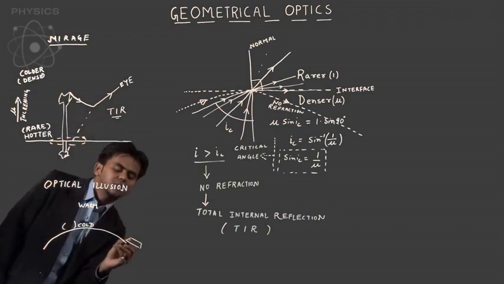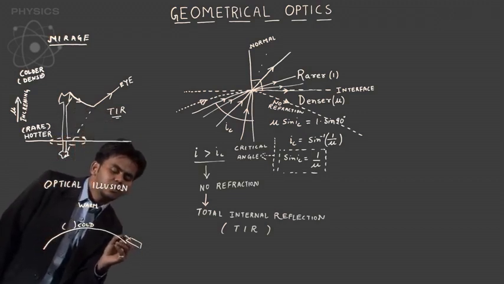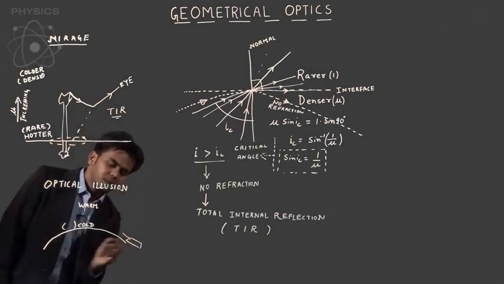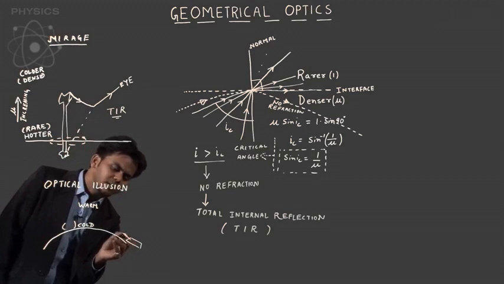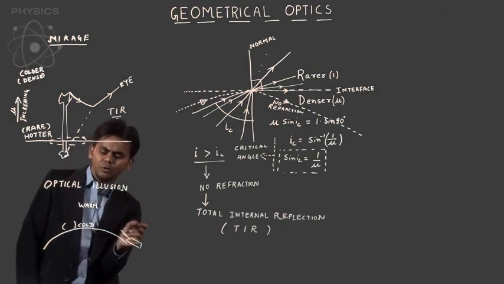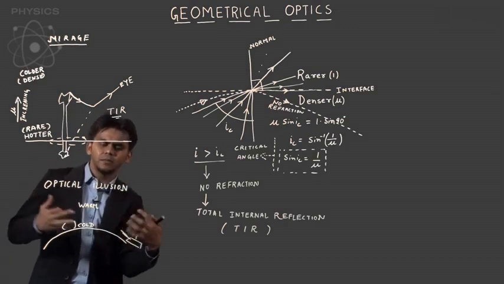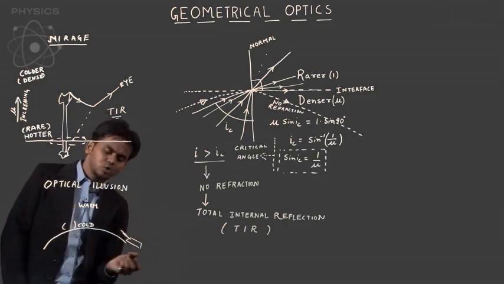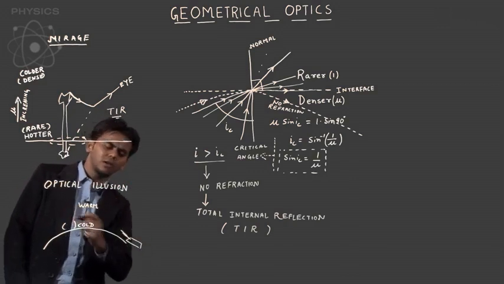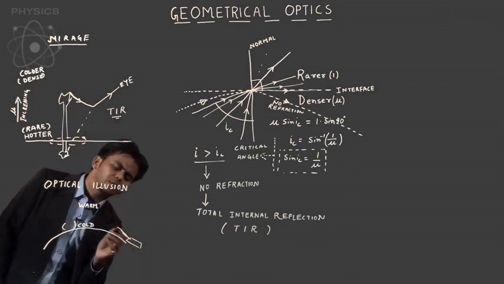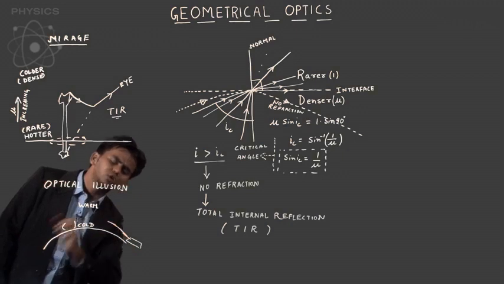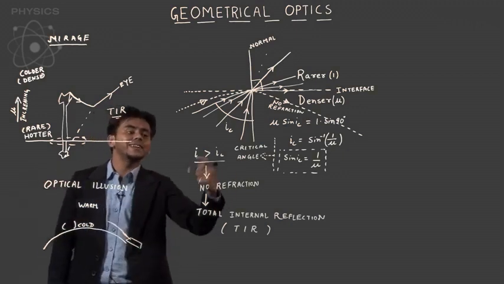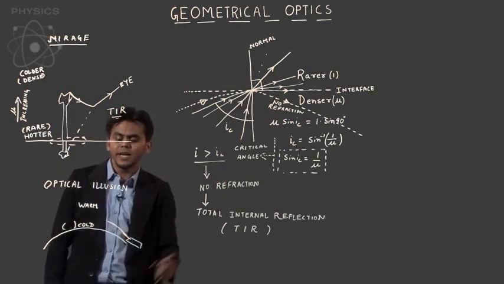So as the ray coming from the ship proceeds up, it would find itself falling from an optically dense medium to an optically rare medium. So it would deviate away from the normal, and at one point it would suffer TIR, because if i is greater than the critical angle IC, I'll suffer TIR.